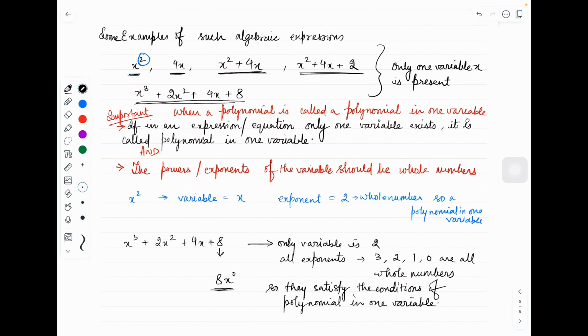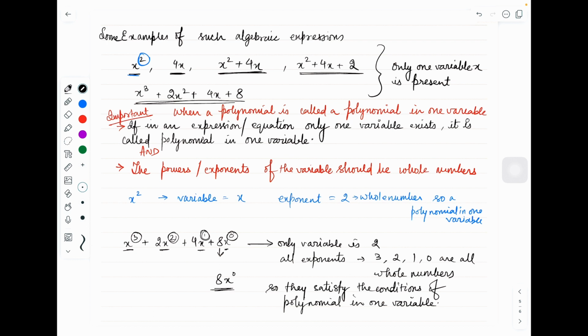In this equation you are seeing that only x is here, here also x, here also x. And all the exponents are 3, 2, 1 and 0, which are whole numbers. So both conditions are matching. We need both conditions to be true, so it is a polynomial in one variable.